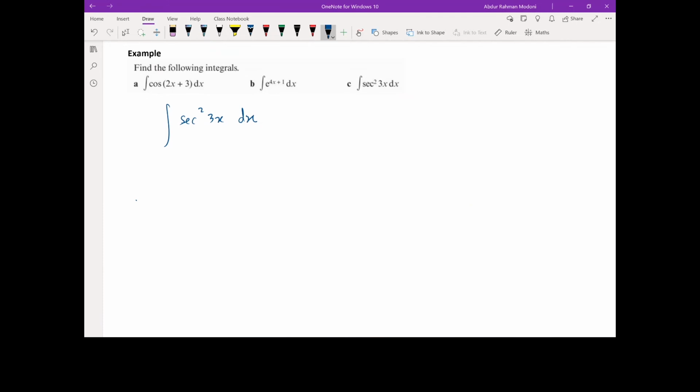It's written in our formula book as f of x equals tan kx, and when we differentiate that, we get k sec squared kx. So what differentiates to get us sec squared kx is tan kx.